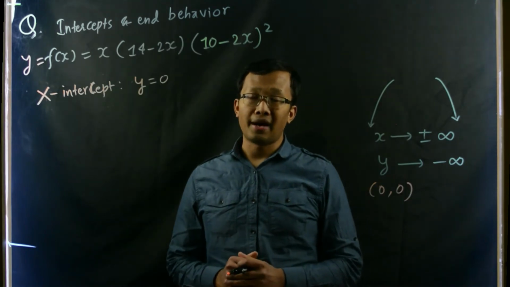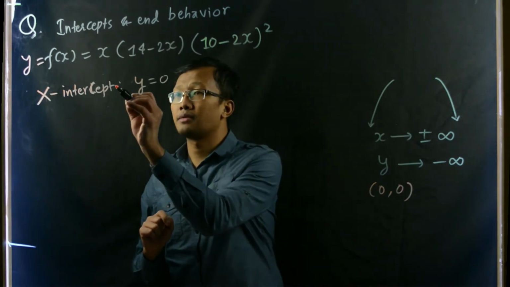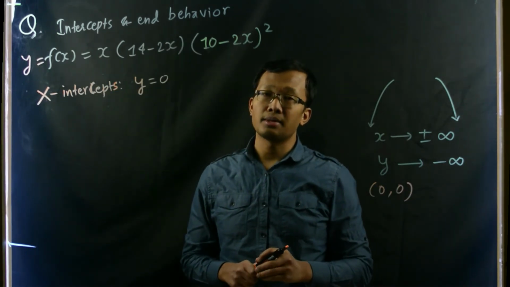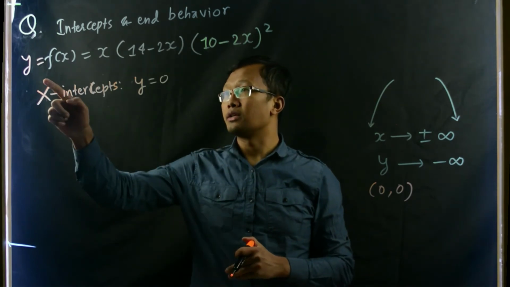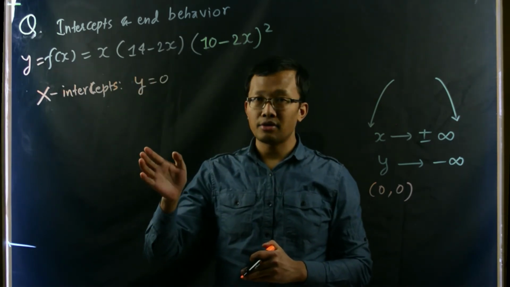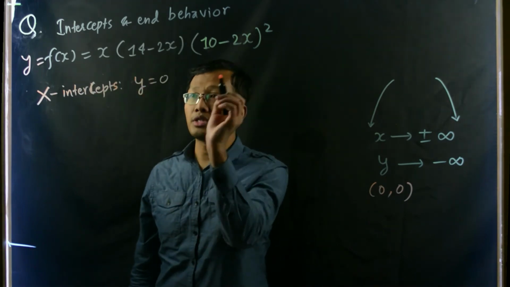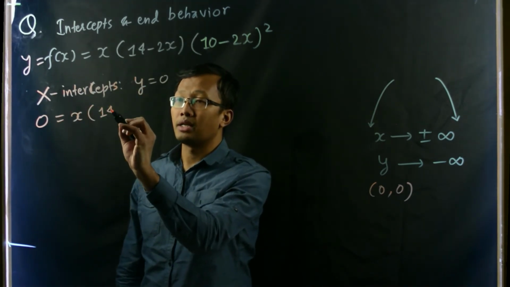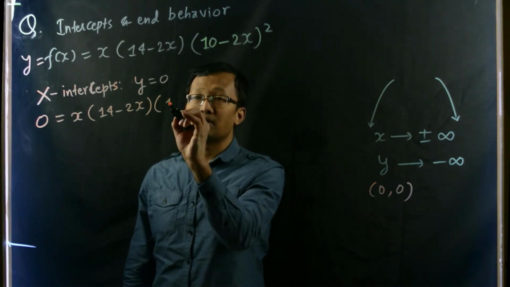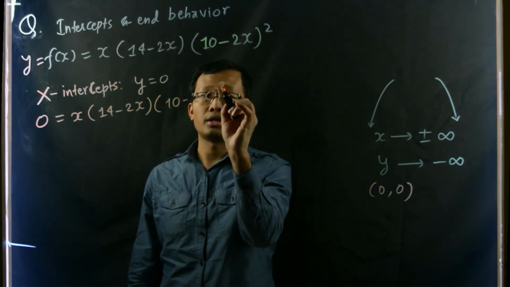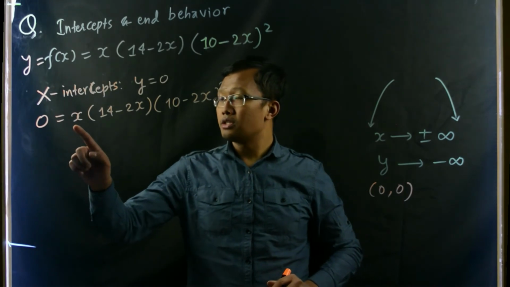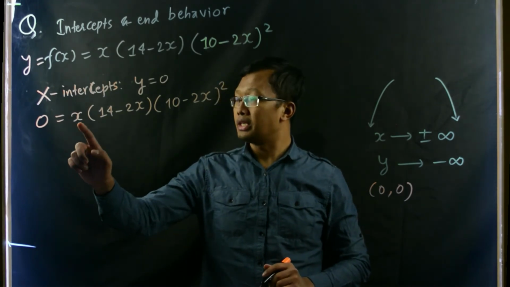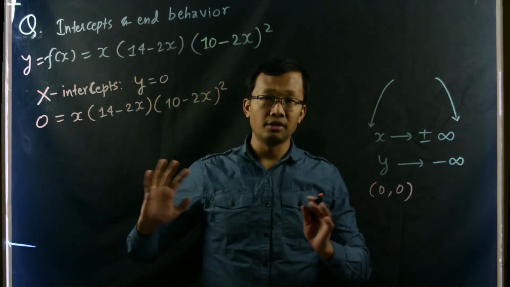Now let us find the x-intercepts. To find x-intercepts, we set y equal to 0. Then our function becomes 0 equals x times (14 minus 2x) times (10 minus 2x) whole squared. Since these all are linear factors, we can equate each of them to 0 individually.